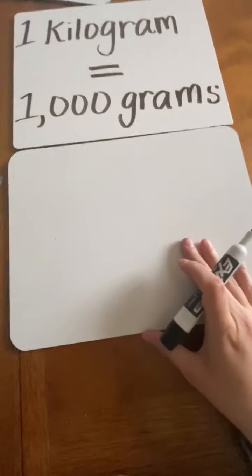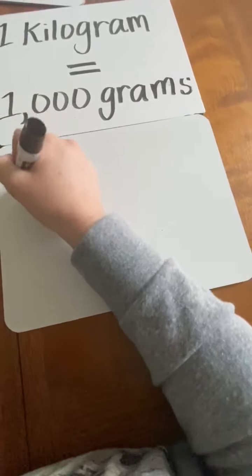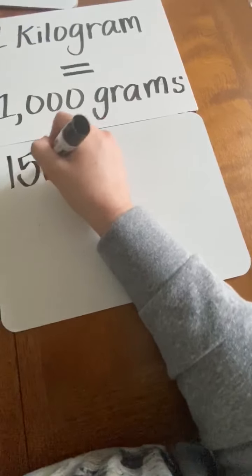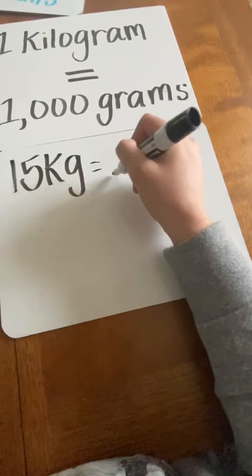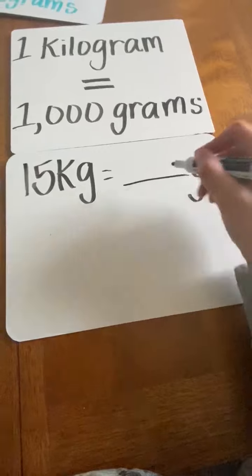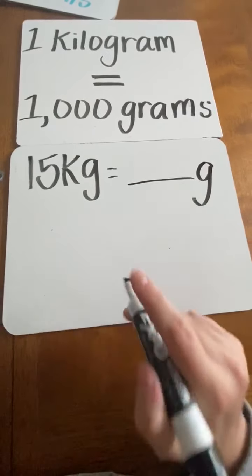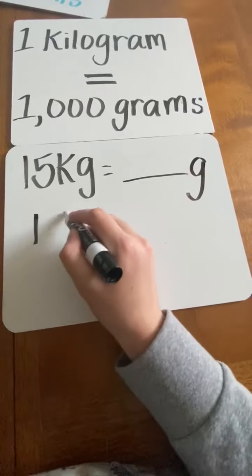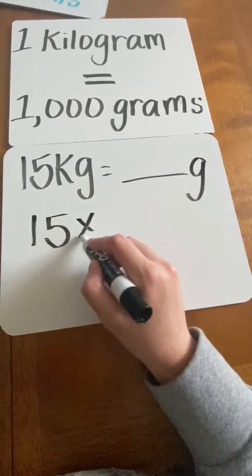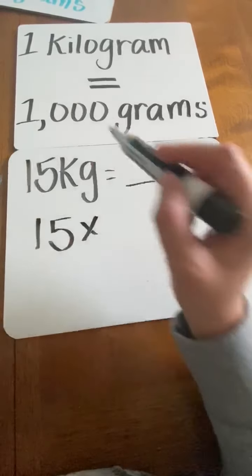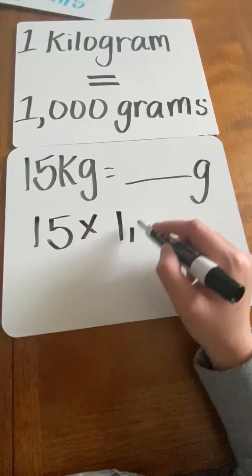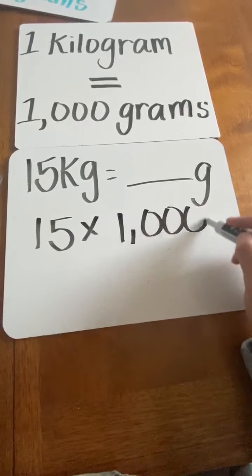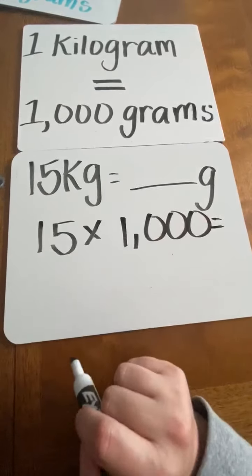We'll do another one. Okay, now I'm given 15 kilograms, and I want to know how many grams that is equal to. So, just like I did my other ones, I'm going to take 15 and multiply it by 1,000, because that's how many grams are in 1 kilogram. Now I need to figure out how many are in 15.